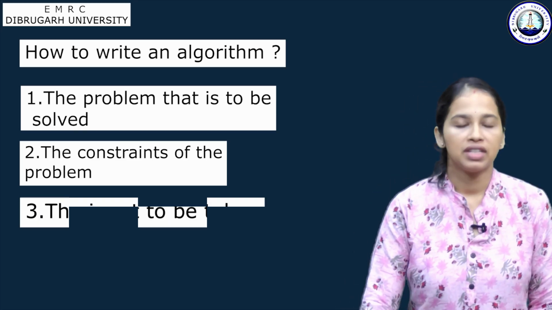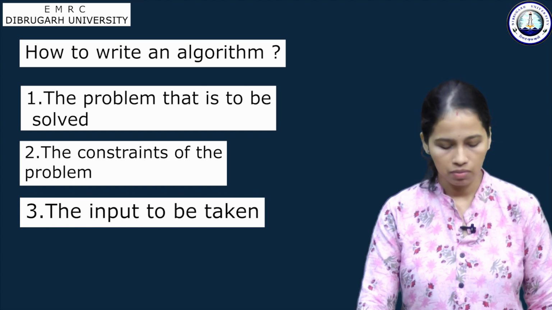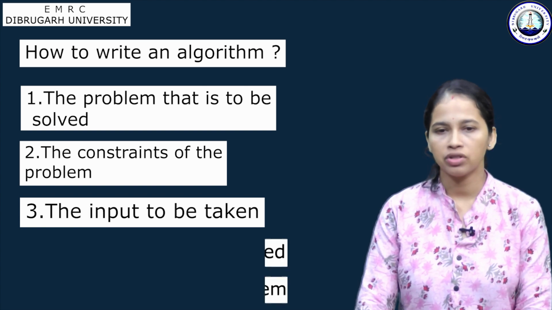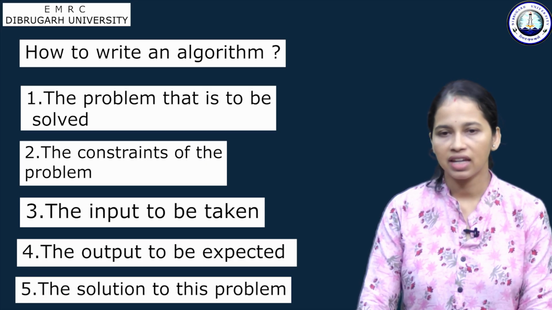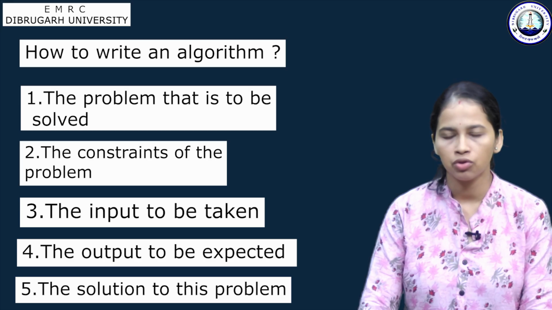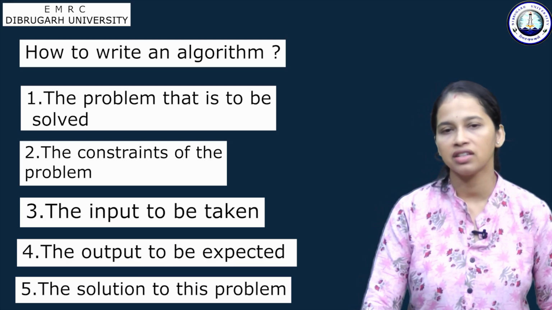The input to be taken by the algorithm is the next prerequisite. Then the output expected from the algorithm is the next, and finally the solution to the problem, which will be written with those constraints defined in the algorithm.